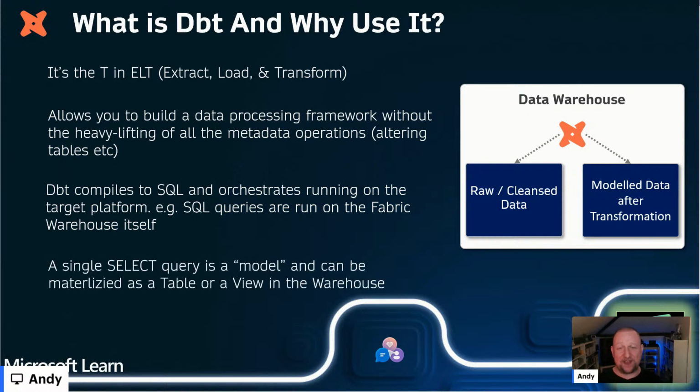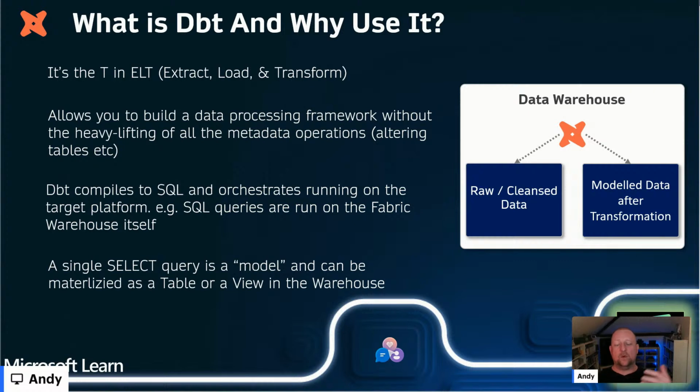And this terminology has tripped me up so many times, and it still does. When you're reading up about DBT, and when you hear the term model in DBT, it's not as in a whole model of objects. A model is a select statement, or the result of a select statement.